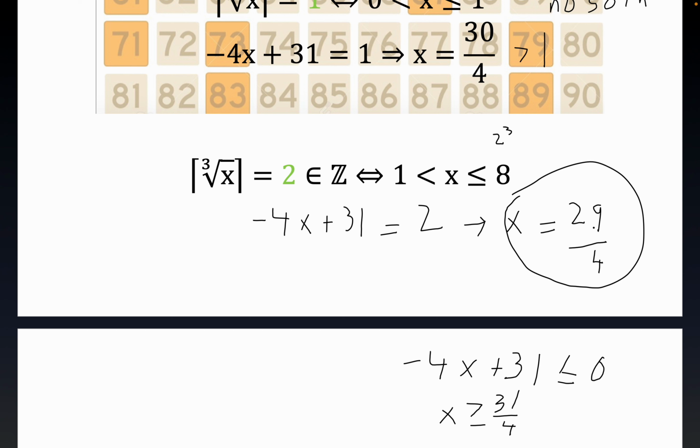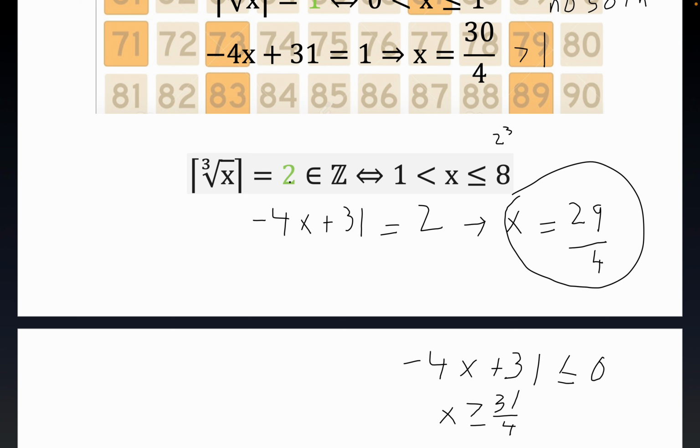So you see we've already gotten into this range here. So if x is greater than or equal to 31 over 4, there are no solutions. There's not going to be any more solutions because this object would be negative, right? So we don't have to check any further than 2.